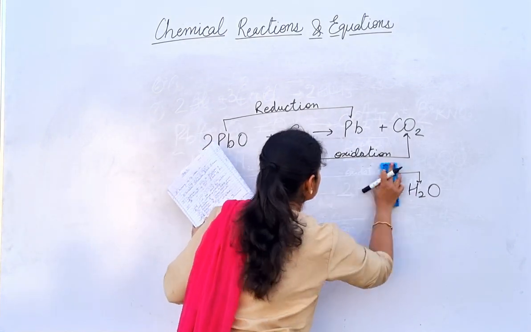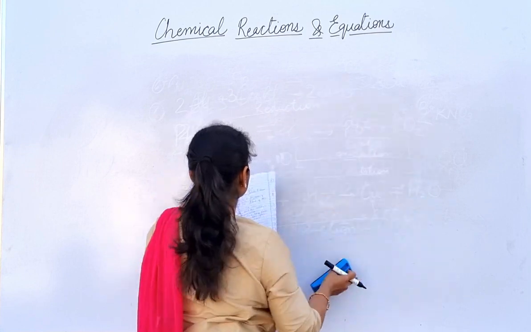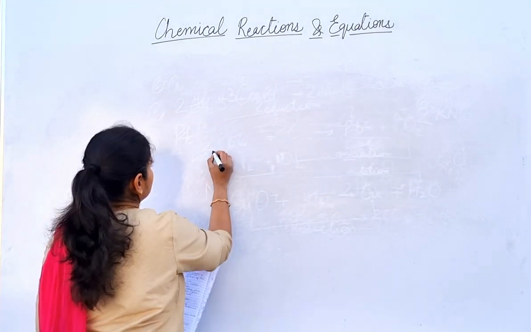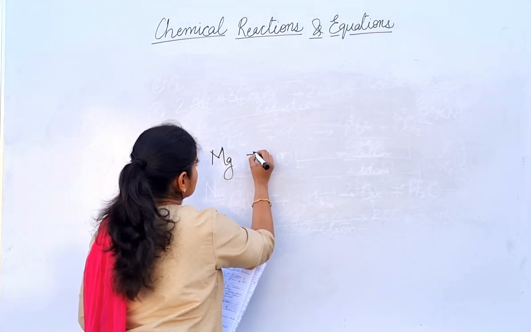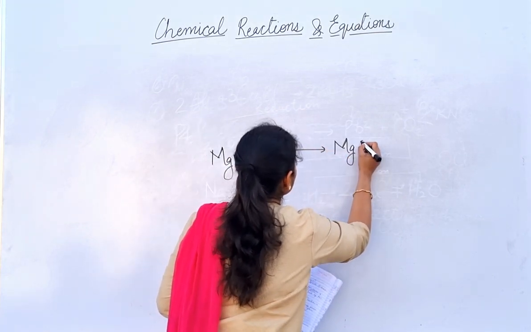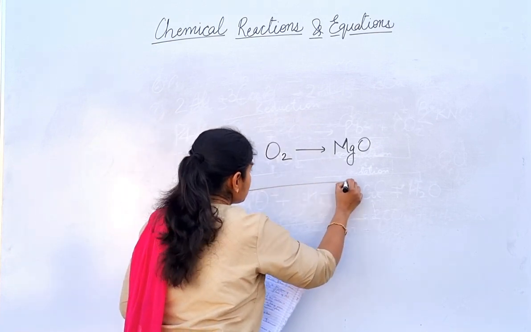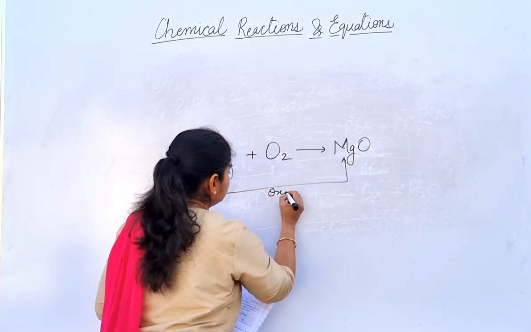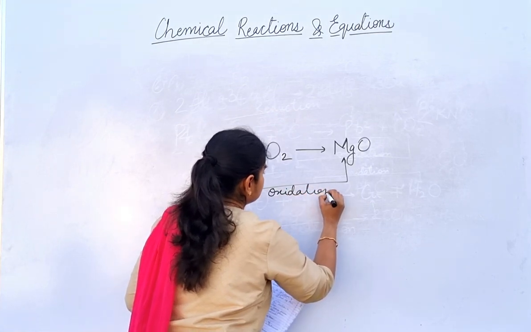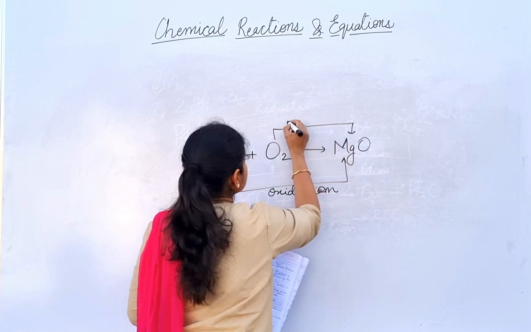Burning of magnesium ribbon is oxidation reaction, reduction, both or none. So remember, in this question, when there is oxidation of magnesium, there is also reduction of oxygen.